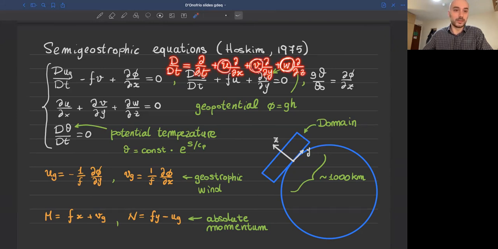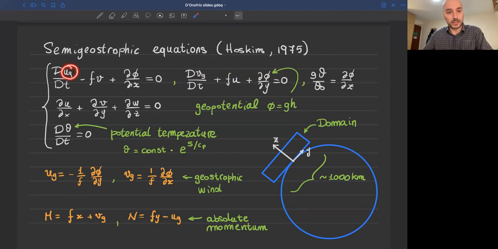physical velocity field. Now, as you can note, here we don't have U, V, and W as usual in the Euler equations, but they are indeed replaced by something else. This something else is called the geostrophic wind.